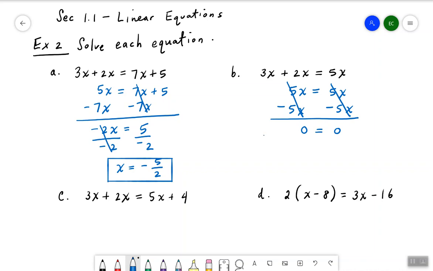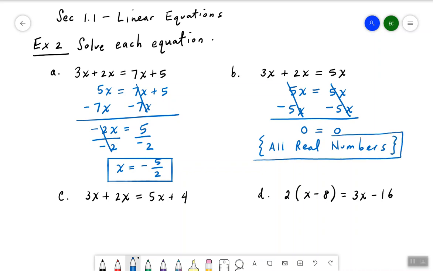We can write that in set notation as the set of all real numbers. And you may have seen this written before with a capital R with two vertical lines there on the left-hand side of the R, the set of all real numbers.